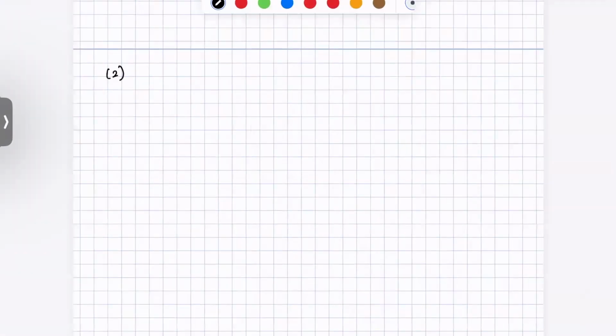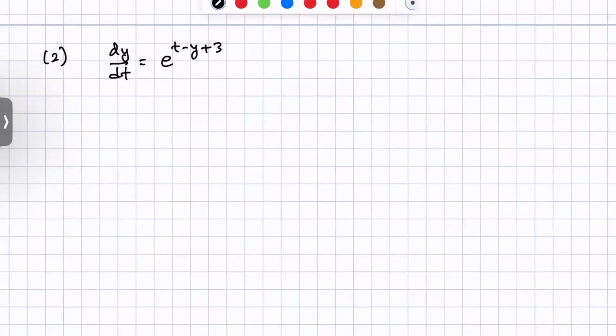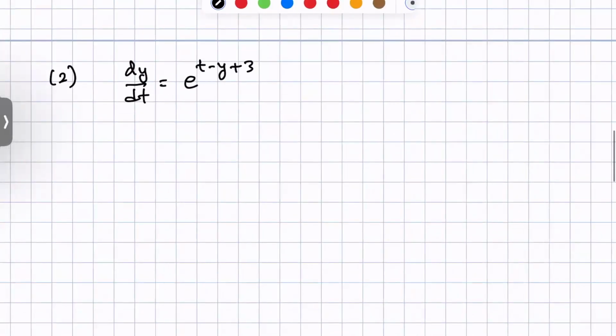Let's consider another example. Suppose we have the equation dy over dt equals e to the t minus y plus 3. Well, in this case, let's do the following. Let's write this as e to the negative y, e to the t plus 3.